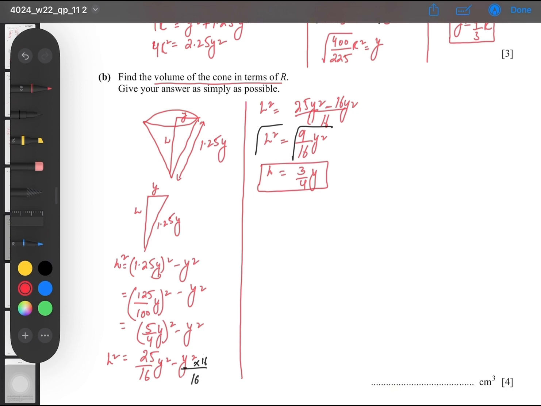Now I will plug the value of h into the formula for the volume of the cone. The volume V is equal to 1 over 3 pi r square h. Here r is equal to y and h is equal to 3 over 4 y. We just plug in the values.